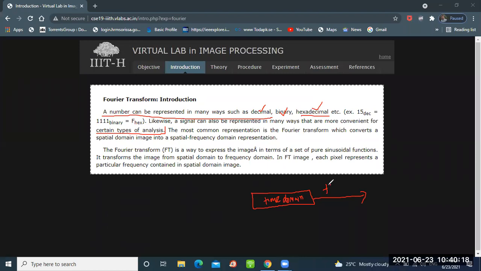When I perform such a transformation, it will be converted to the frequency domain.